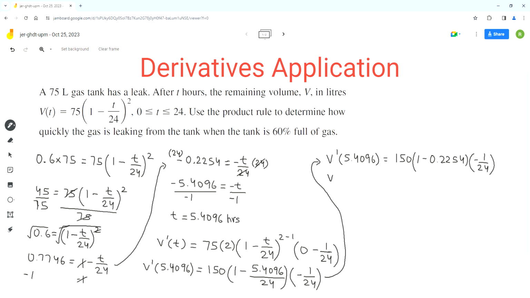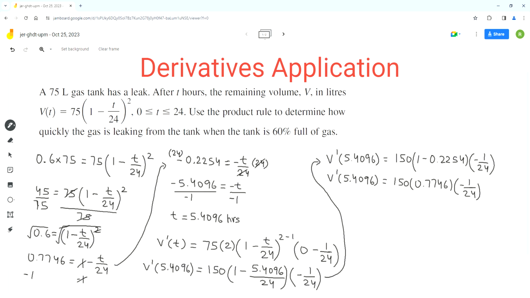And now we can simplify this expression further. It equals 150 times, so we do 1 minus 0.2254, which is equal to 0.7746, times negative 1 over 24.